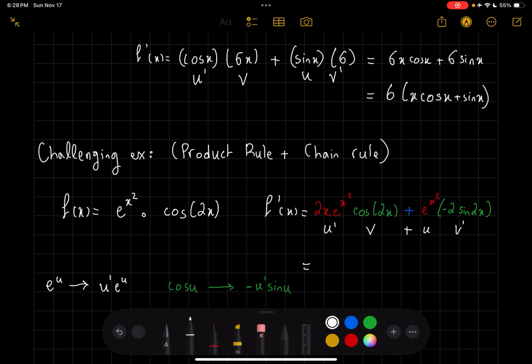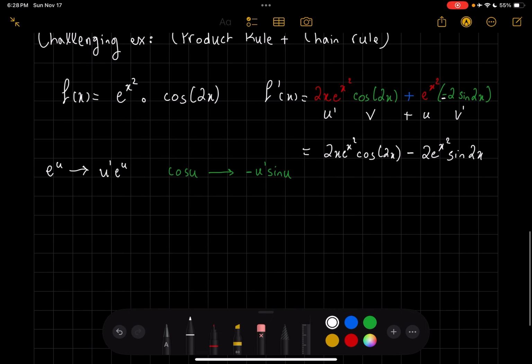Now, if you multiply the terms together, you're going to get 2x e to the power of x squared cosine 2x plus, actually not plus because we have a minus over here, so it's going to be minus 2e to the power of x squared sine 2x.